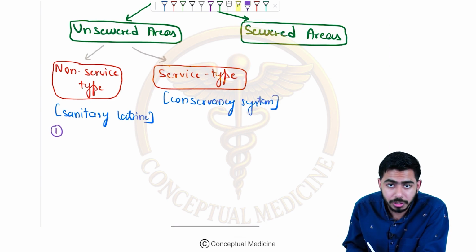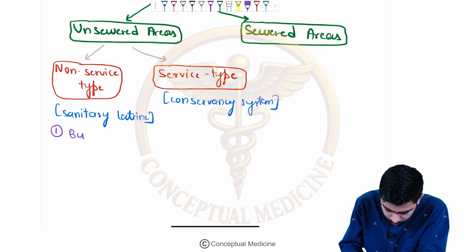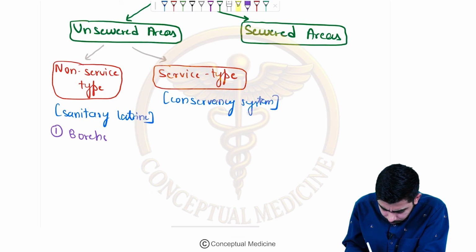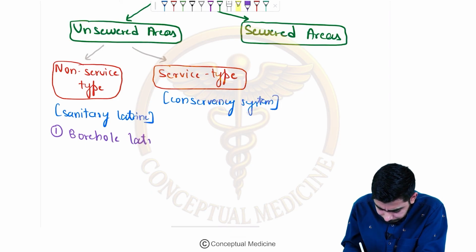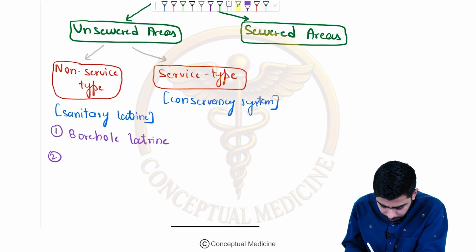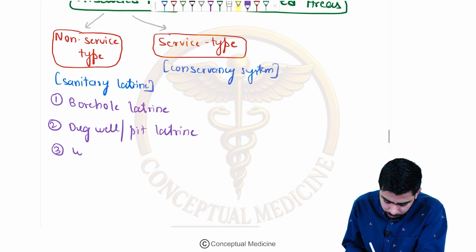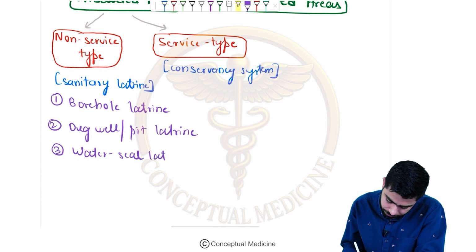The first one which we shall talk about is the borehole latrine. The second one is the dug well or pit latrine. The third one is the water seal or watertight water seal latrine.